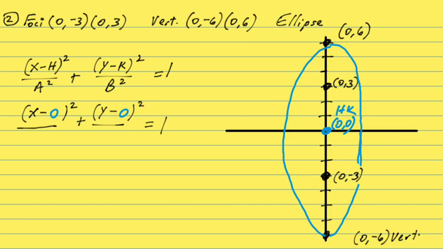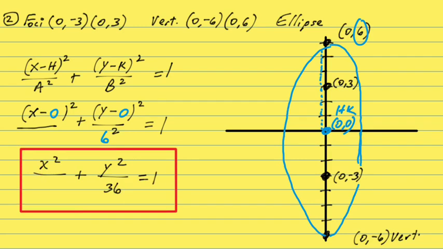In the y direction, I think I want a distance of 6. So under the y, I put the 6, and remember it's that squared. So far I have x squared over something plus y squared over 36 equaling 1, and I almost have my equation.